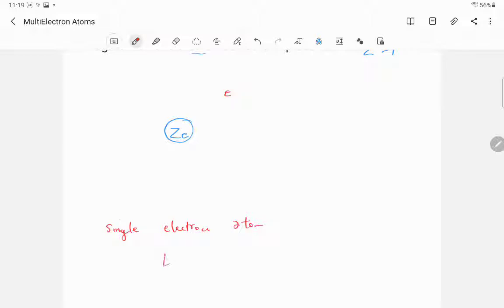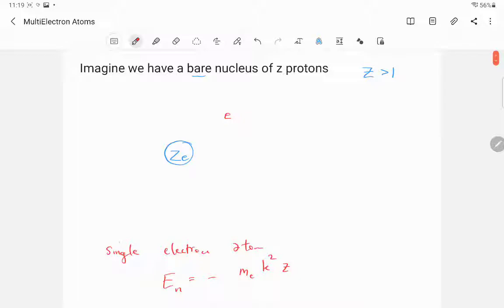The energy has, strangely, a minus sign, and then there is the mass of the electron. This is Coulomb's constant, k, which is 1 over 4 pi epsilon naught, so it comes in squared. Then there is the proton number Z, which is just the number of protons. You always imagine it being an integer, and we're thinking of integers bigger than 1.